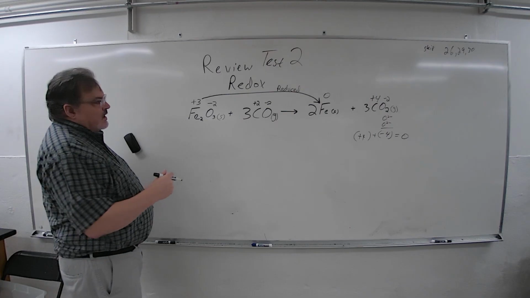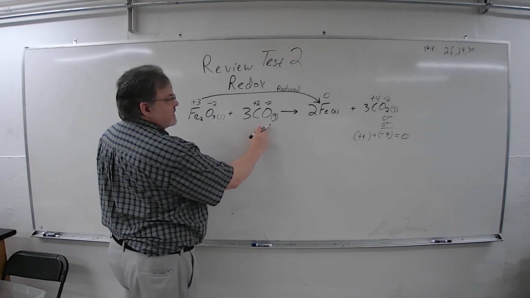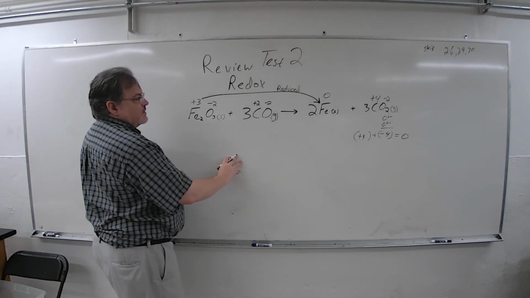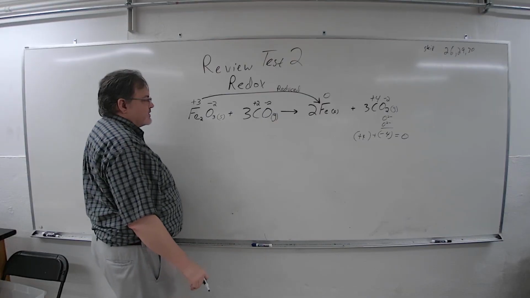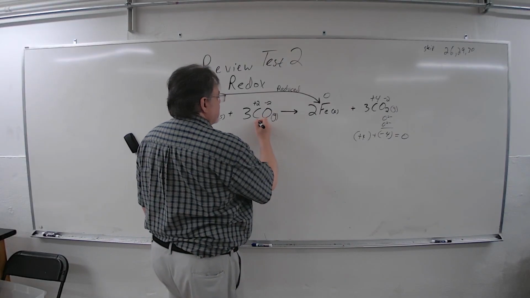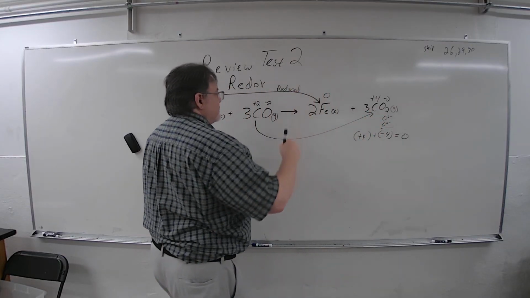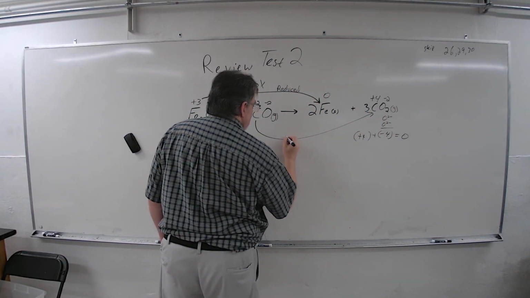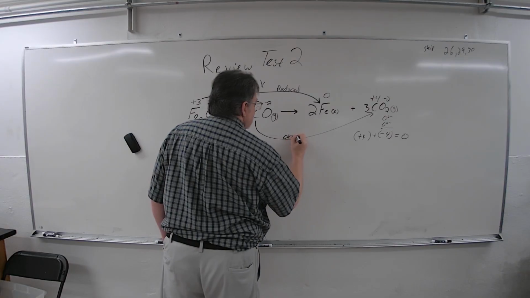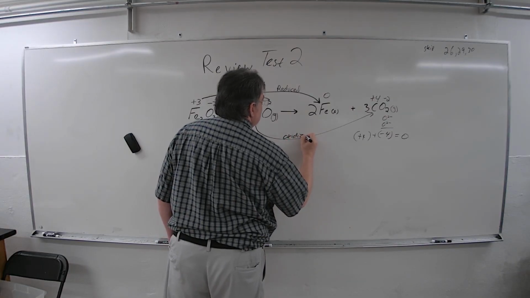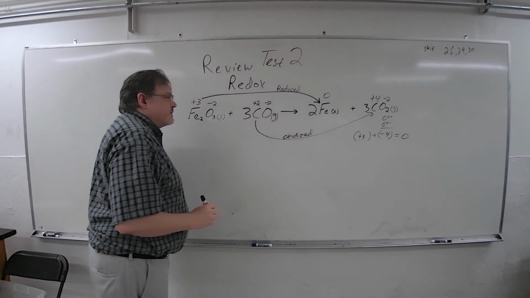And then oxygen here, and oxygen there are all -2. So oxygen doesn't gain or lose electrons through this reaction. The carbon goes from +2 up to +4. So that's being oxidized.